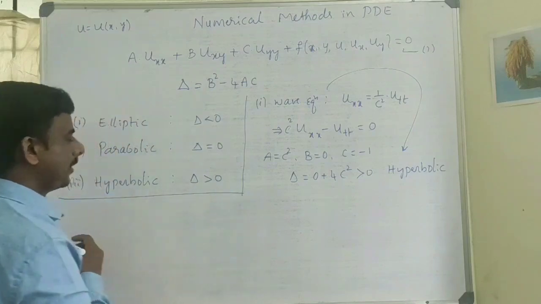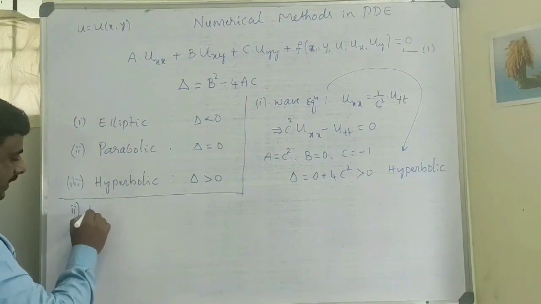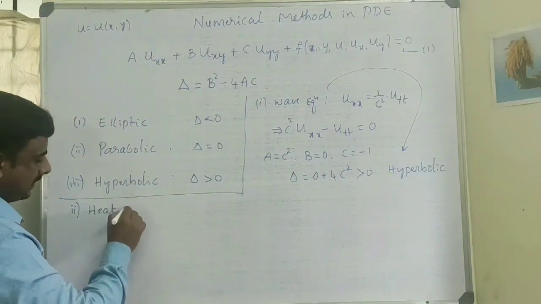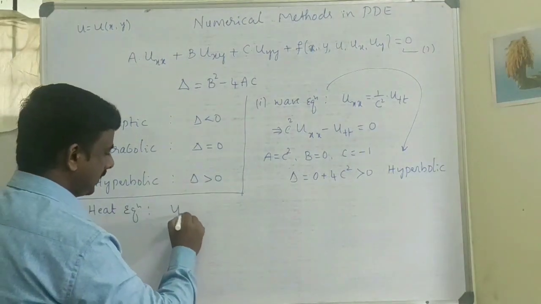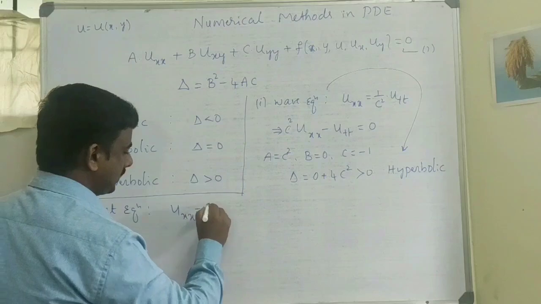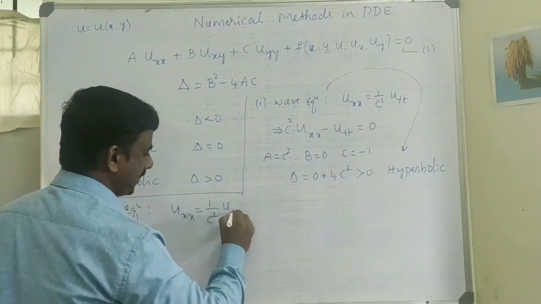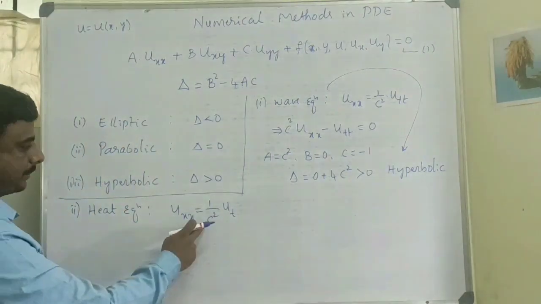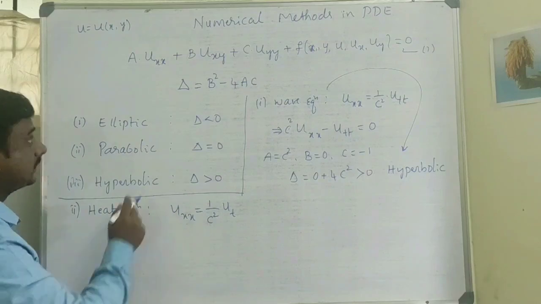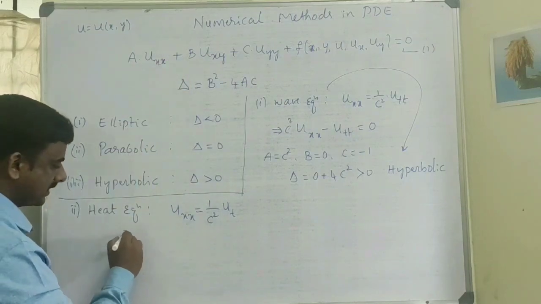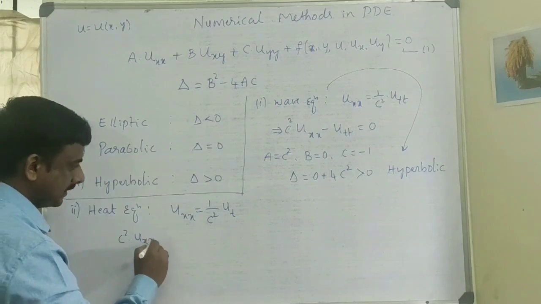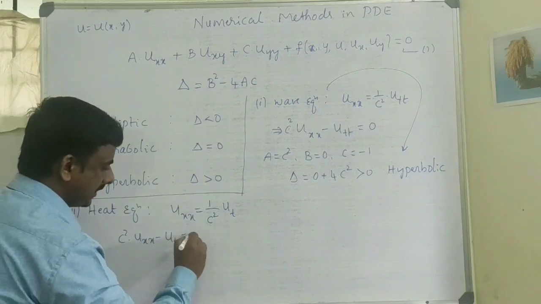The next important equation we are going to consider is the heat equation. The heat equation in its standard form is u_xx = (1/c square) u_t. Bringing this to the form of equation 1, it is c square u_xx minus u_t = 0.